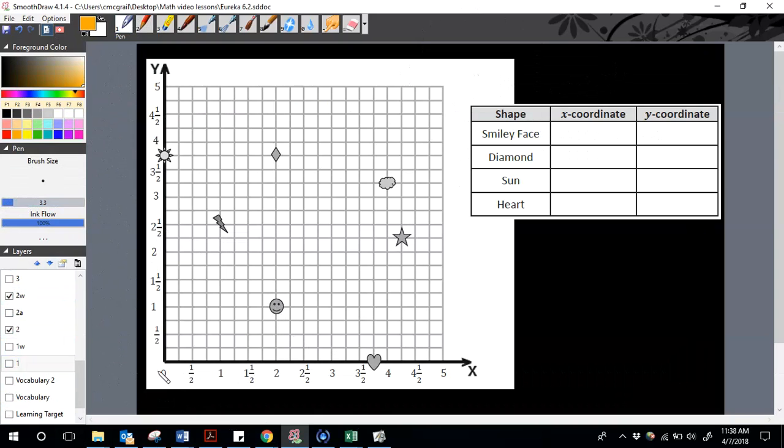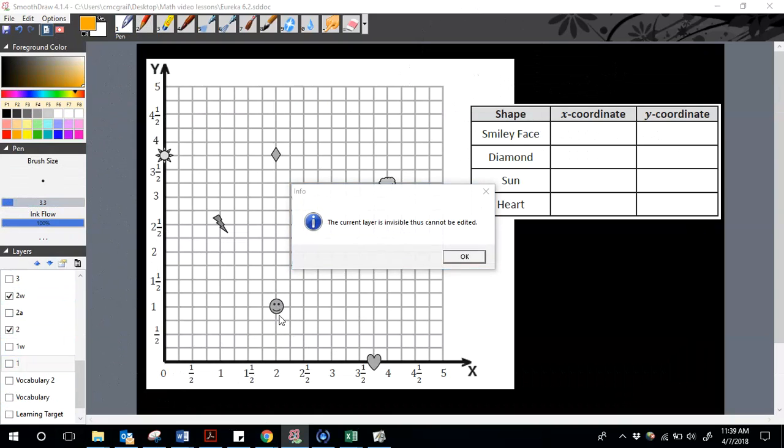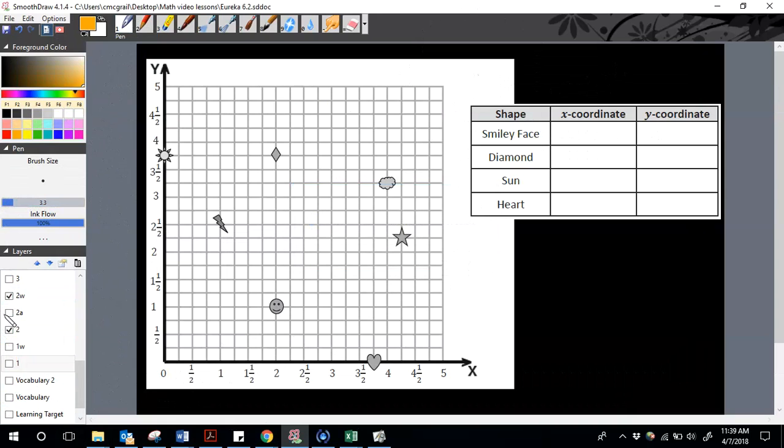So my first step is I need to go down and find out its x-coordinate. And its x-coordinate is 2. Then I need to move over and find out what its y value is. And its y value is 1. So its coordinate pair would be 2, 1.